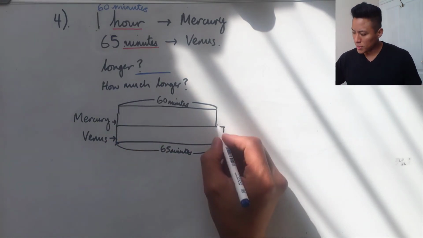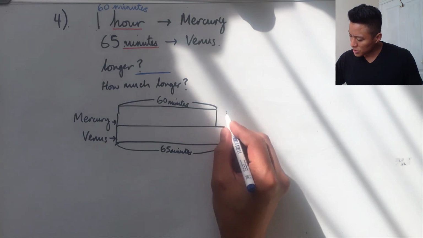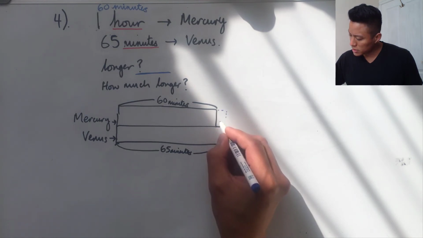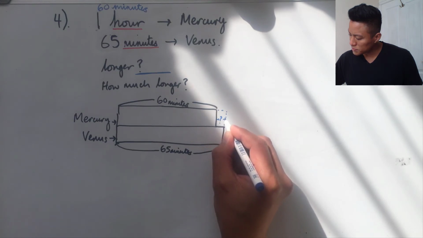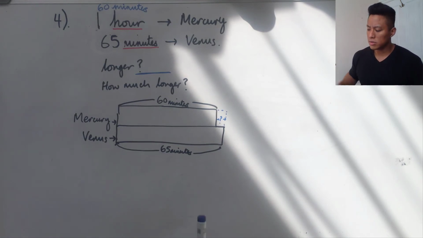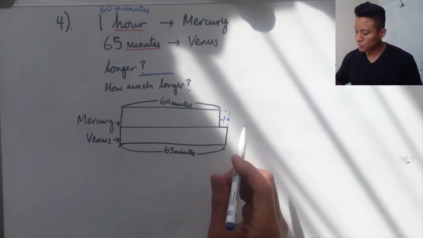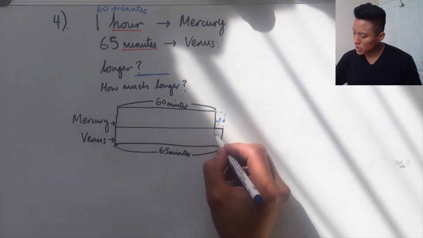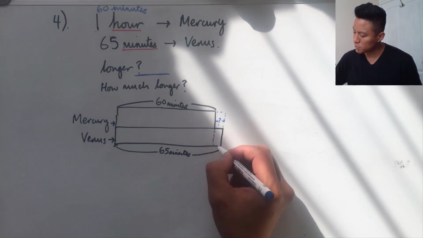Now, how much longer? So we need to know all of this. This is our unknown. This is where we need to go to. We need to find out how many minutes that is. Alright? So remember what we did last time. If we want to find out what this part is, we know that it's equivalent to this part here.